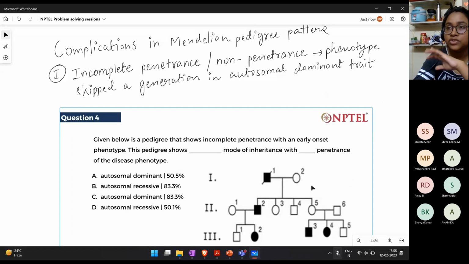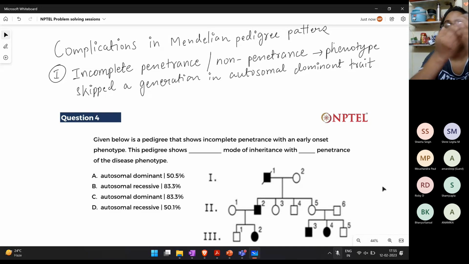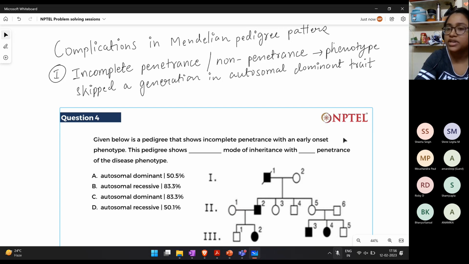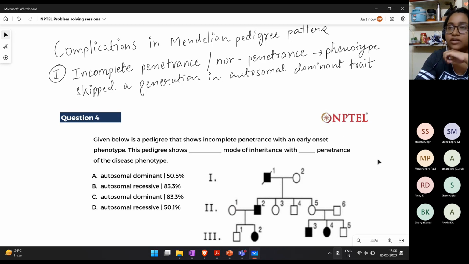You will only get to know when you write the genotypes, but you will see that even though the person has the affecting allele, that person is not showing the phenotype, and it often happens in autosomal dominant characteristics. Okay, so why autosomal dominant?